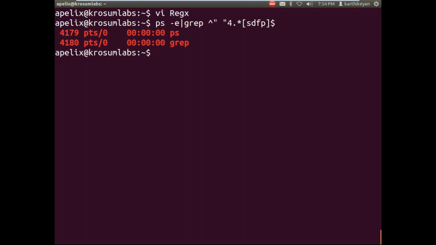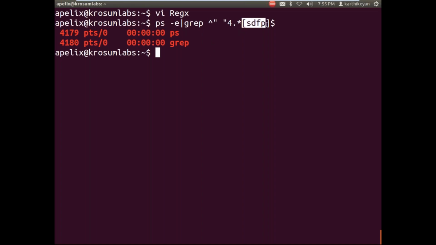See the regex pattern: line starting with a space followed by number 4, from 4 to list all. Line ends with any one character: S or D or F or P. Here S and P are matching. These two characters are matching.